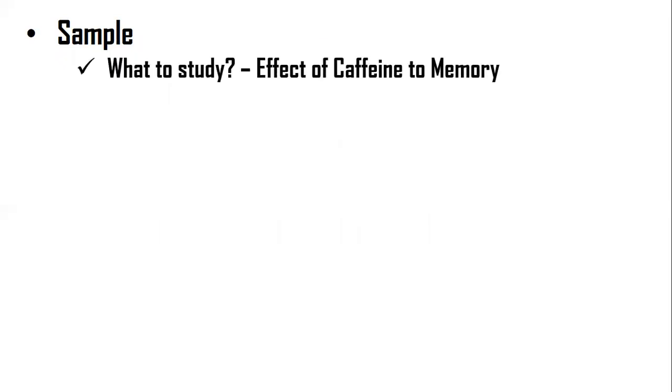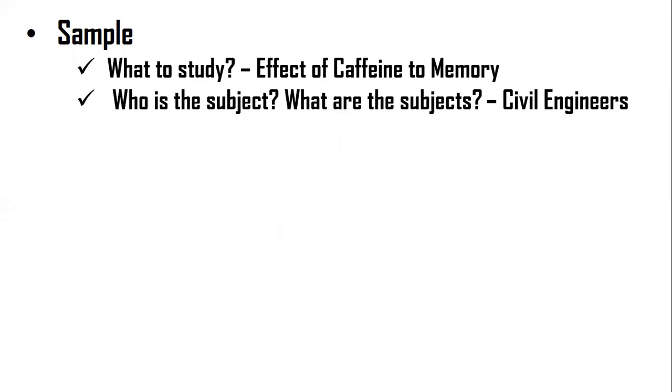So let's have an example. What to study? You wanted to know the effect of caffeine to memory. And who are the subjects of the study? Civil engineers. You can actually specify civil engineers. It could be all male civil engineers or all female civil engineers. If you're going to conduct a study on students, you can have second year college civil engineering students and such.